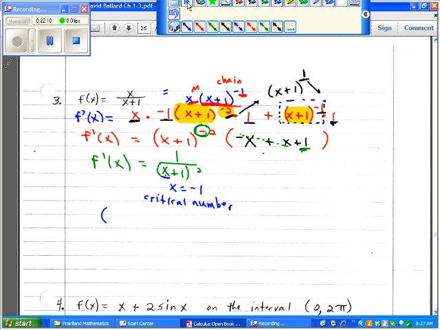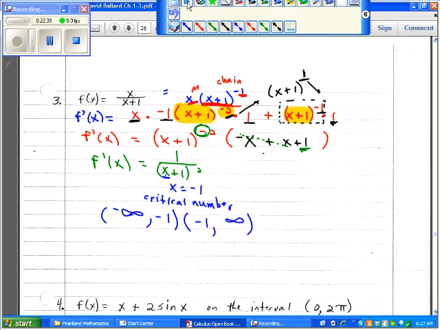Which creates test intervals of -infinity to -1, and -1 to infinity. Now, we want to do the first derivative test. And what's the first derivative test checking for?